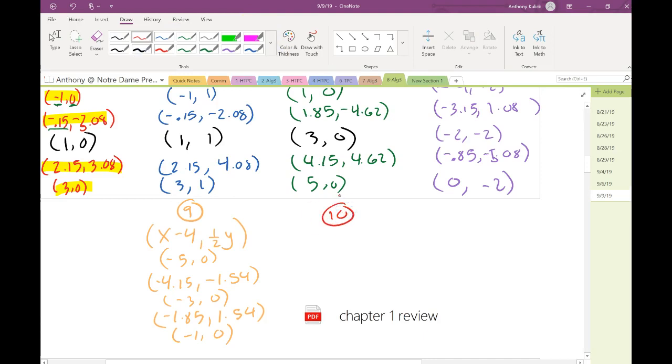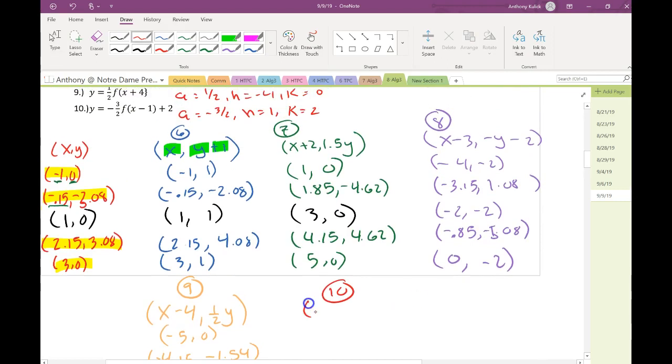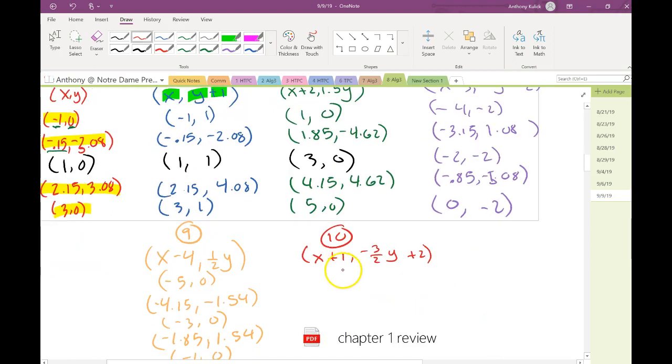And then my last one for 10 is x minus 1, or x plus 1, negative 3 over 2 y plus 2. So that's going to give me 0, 2. And then 0.85, and then 6.62.